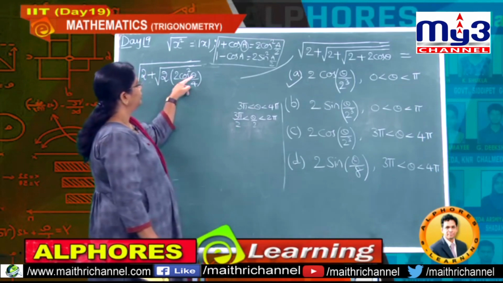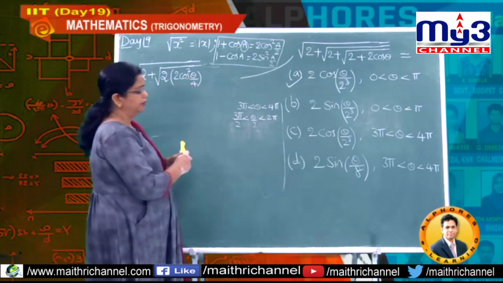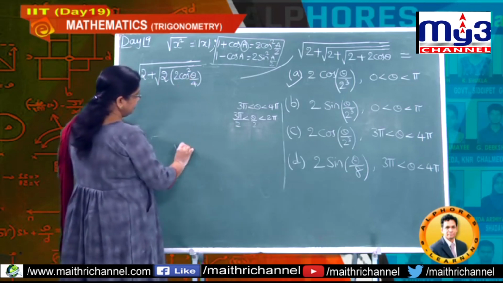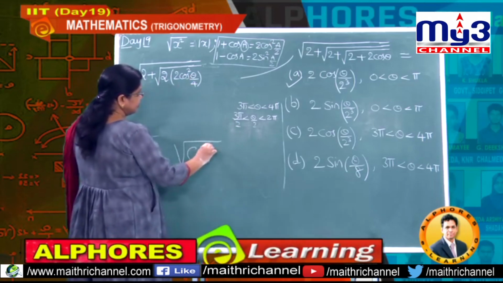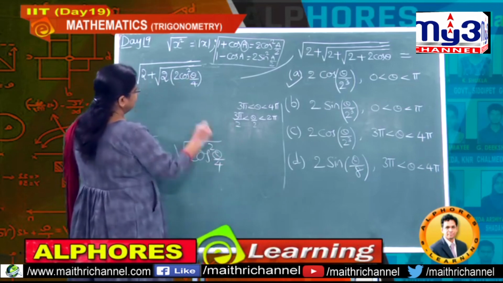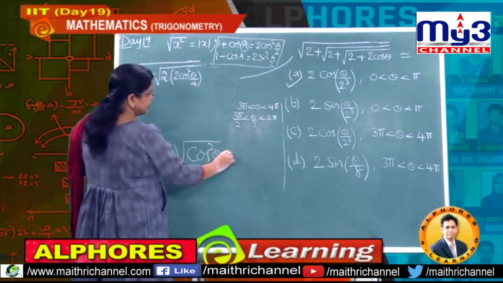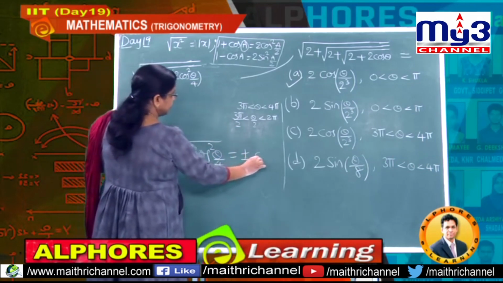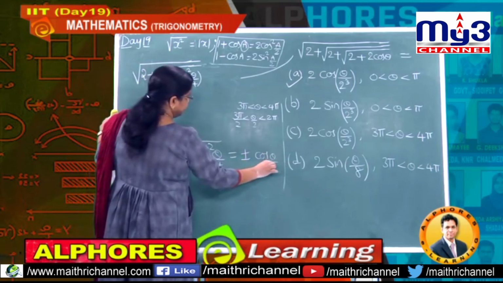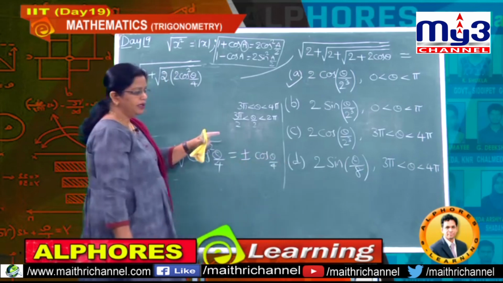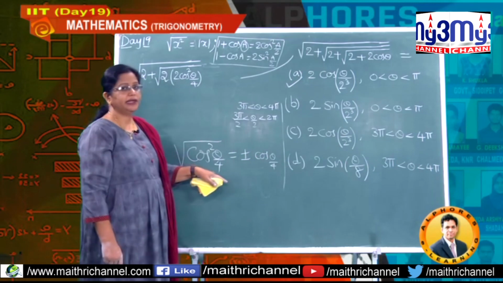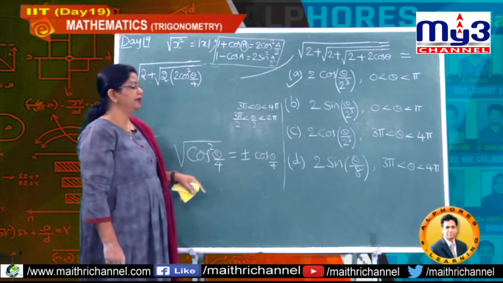Now the requirement is theta by 4, because our requirement is under root of cos square theta by 4. This 4 anyhow will become 2 outside, and this is nothing but plus or minus theta by 4. Now basing on that theta by 4 you can decide whether it is plus or minus.